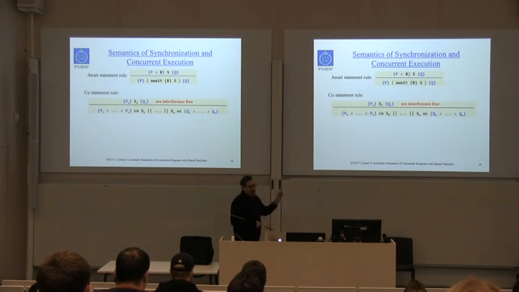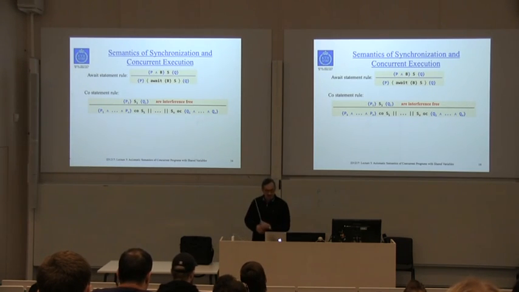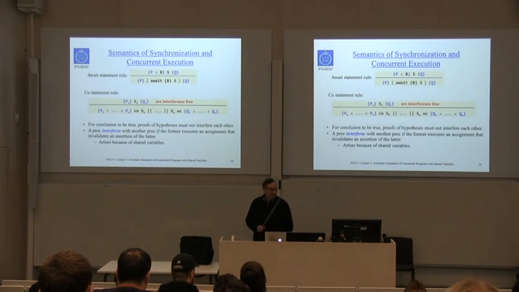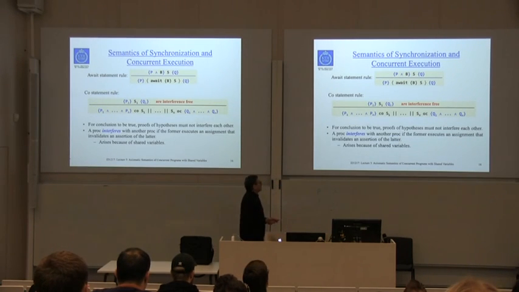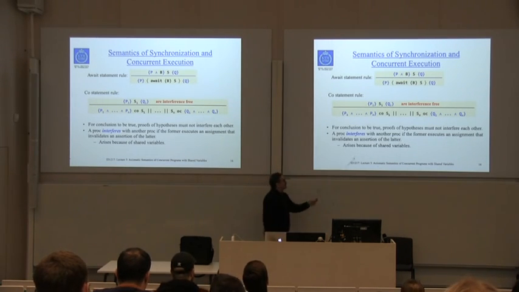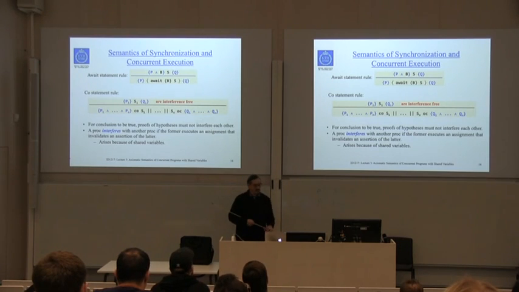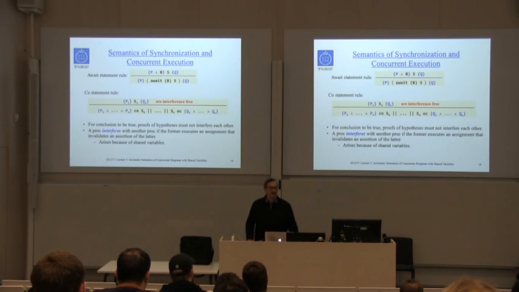This interference freedom is important in this proof. Processes interfere with each other if one of them executes something that violates a precondition or postcondition in another process, right?